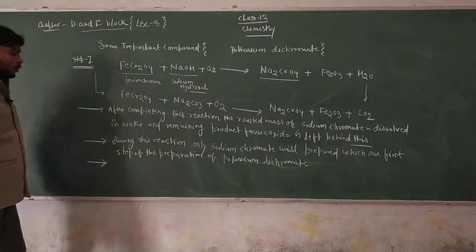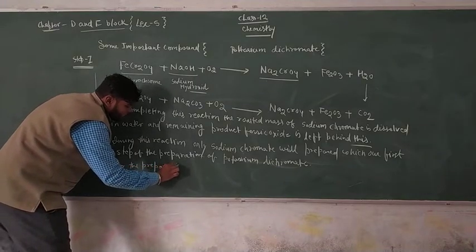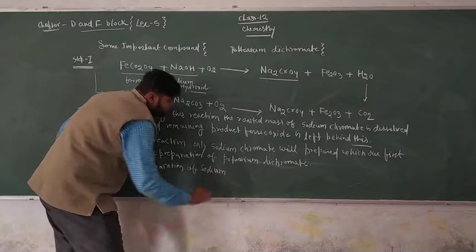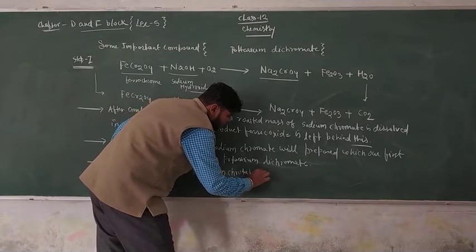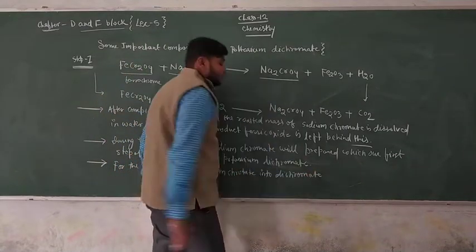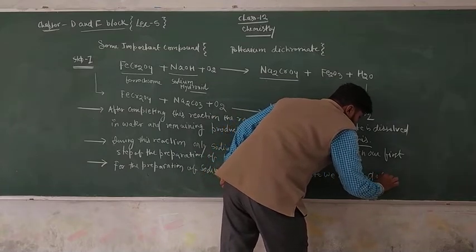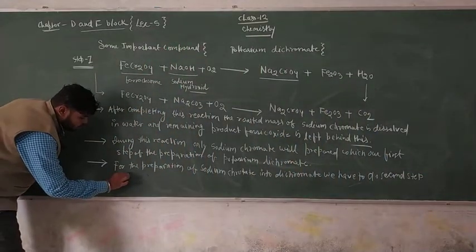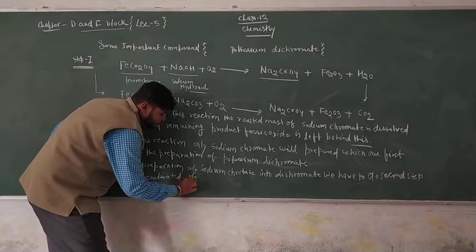Our third point is here. For the conversion of sodium chromate into dichromate, we have to do the second step with concentrated sulfuric acid, H2SO4.